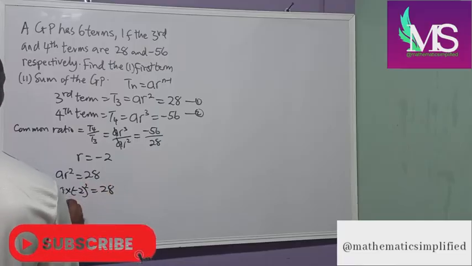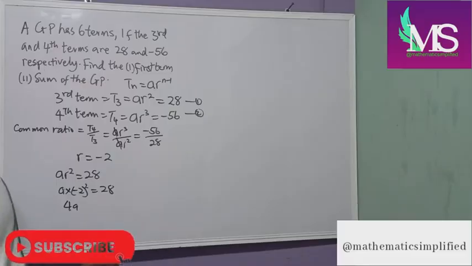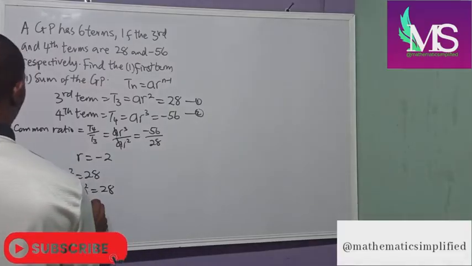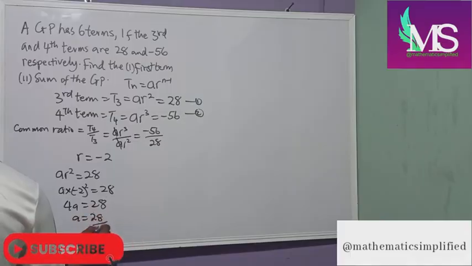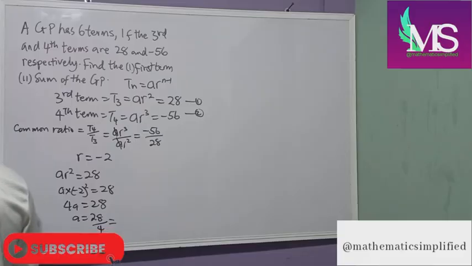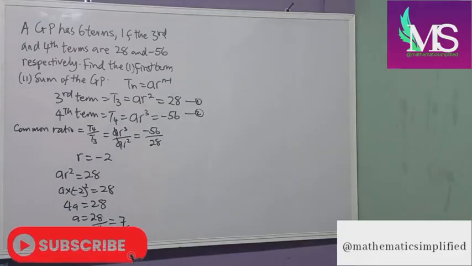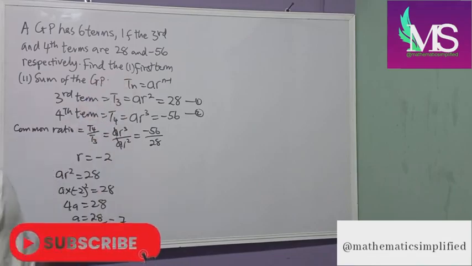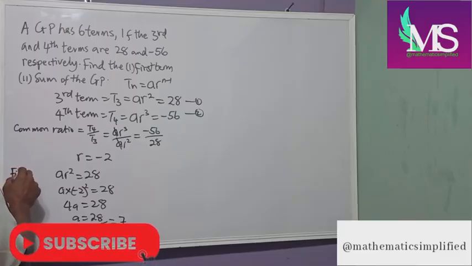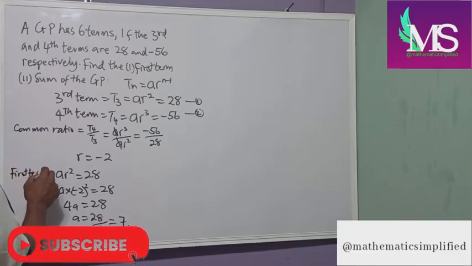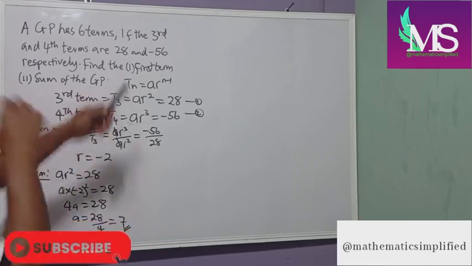So this becomes 4a, since 2 times 2 is 4. 4a equals 28, so a equals 28 over 4, which gives us 7. So our first term is 7.